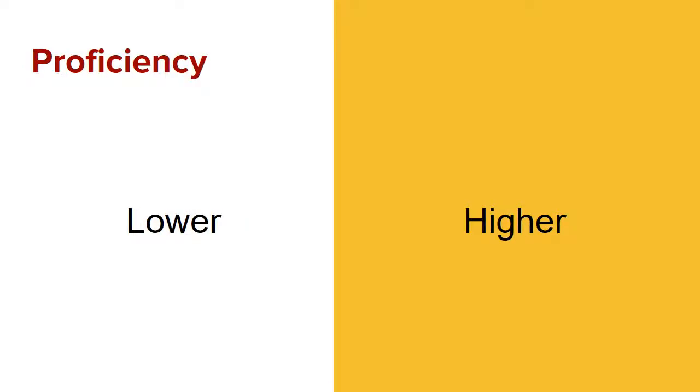As learners, proficiency in the target language also impacts how well they can learn the grammar of that language. So lower proficient students are just grappling with survival in the language. They just need memorized words and phrases. They're not so interested in the idea of understanding the grammar and creating with the language.